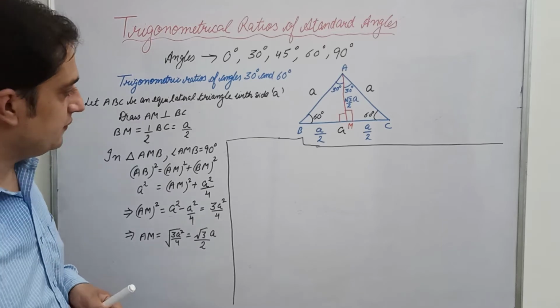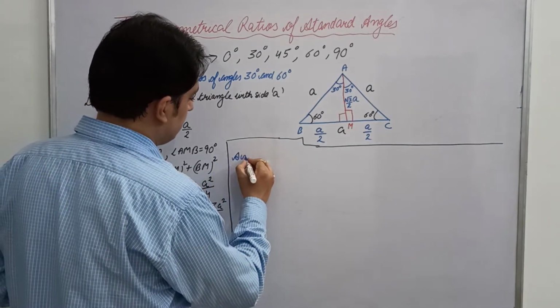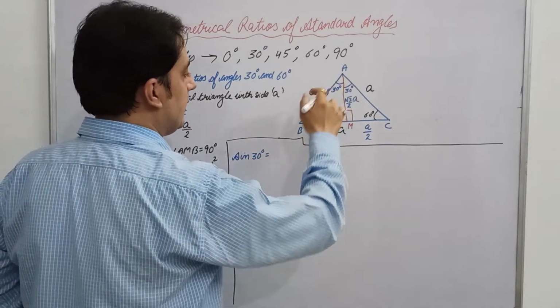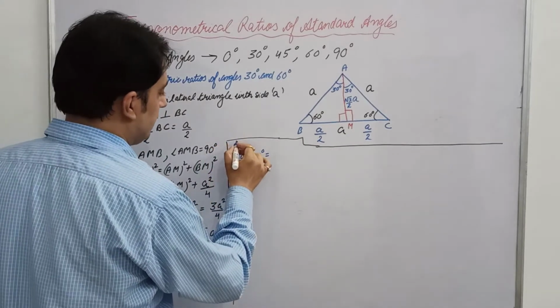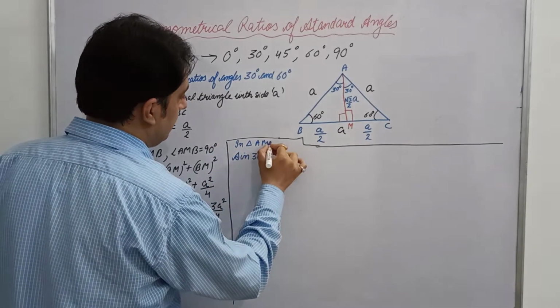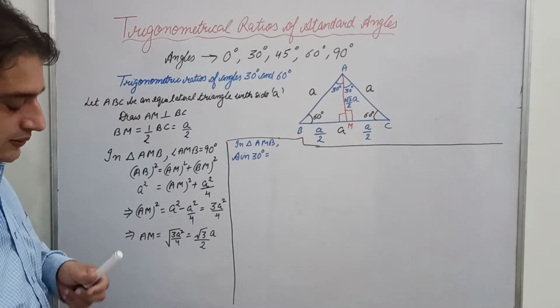So let's start with values. First I take the value of sine 30 degree, from triangle AMB. So you can write here, in triangle AMB, sine 30 degree.